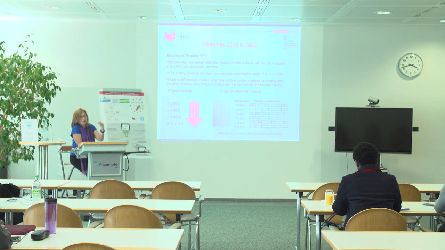We just select among those that are available in the industry. However, we can have sheets with different amounts of tin coat on each surface. I can have what we call differential coatings. That's coatings where outside and inside of the can the amount of tin is different.